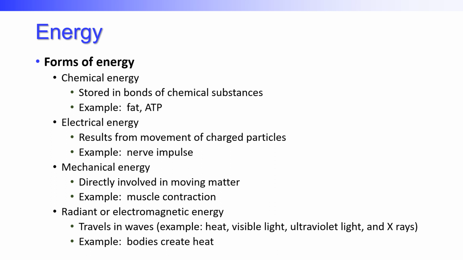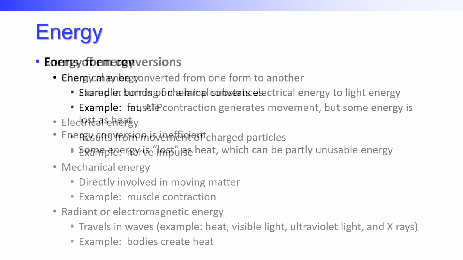We also use ultraviolet light from the sun to manufacture vitamin D. So the body, in this case, might not be so much about creating these forms of energy as it is about utilizing them, although we do make infrared waves, which is heat.